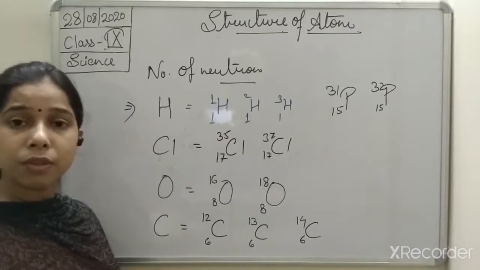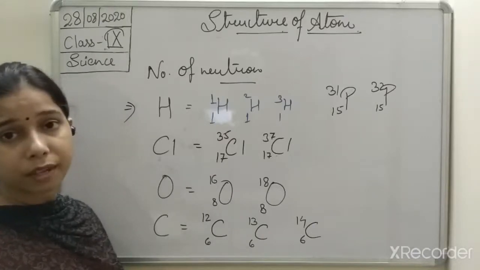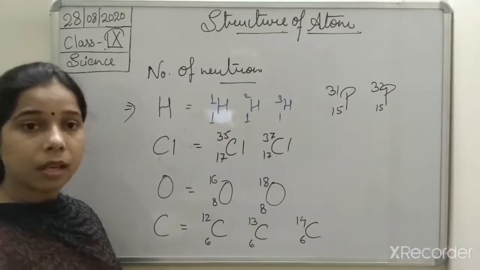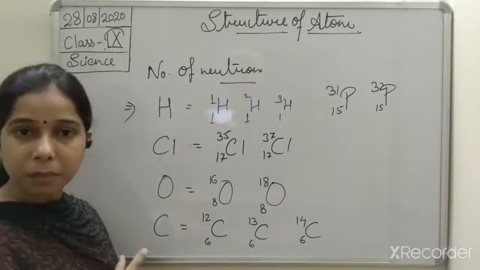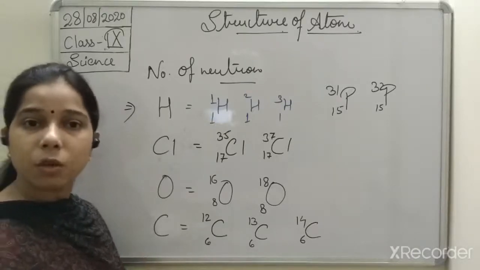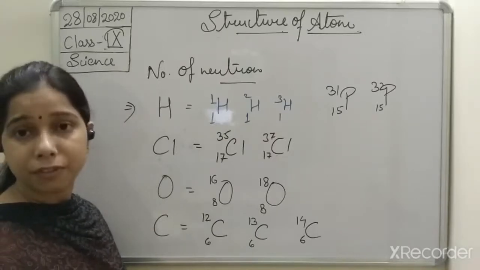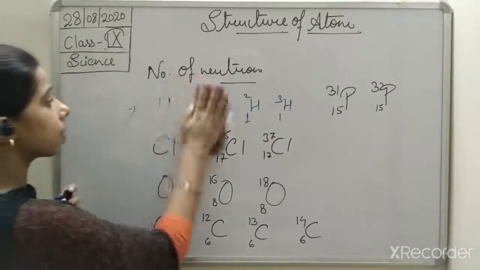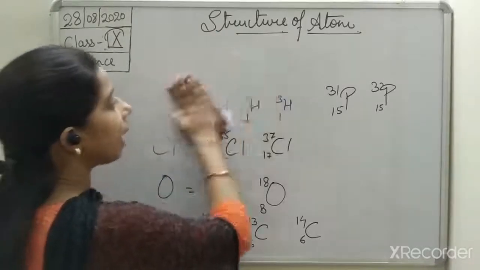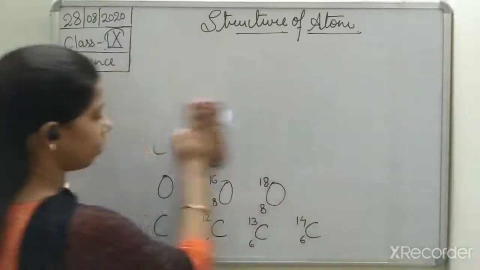There will be no change in the electronic configuration because their atomic number is the same. Now we will discuss the characteristics of isotopes.